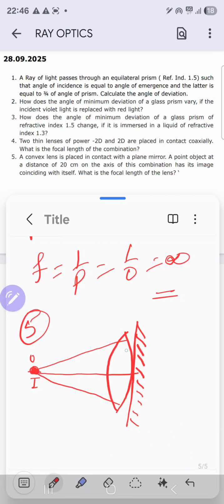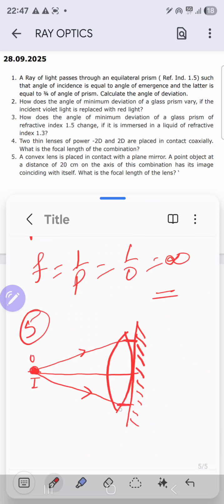Retracing of the path in case of a plane mirror would happen only when the rays are falling normally on the plane mirror.